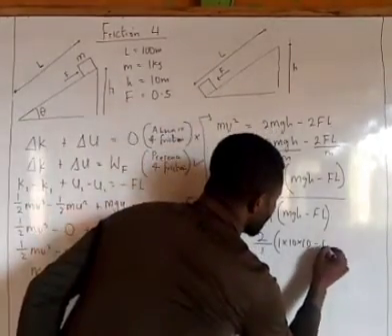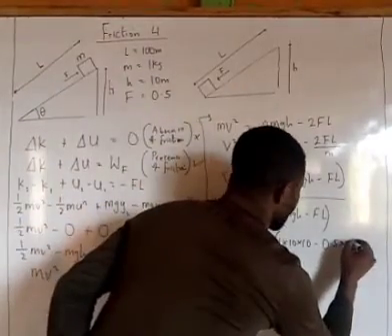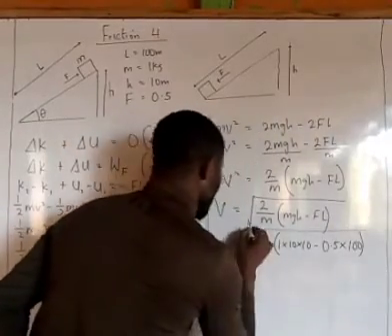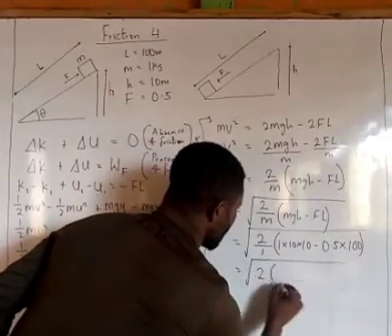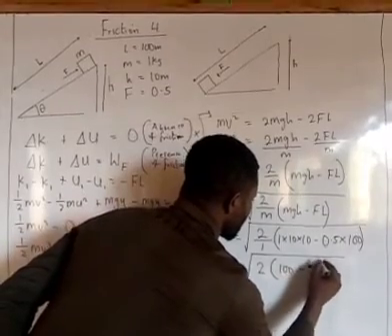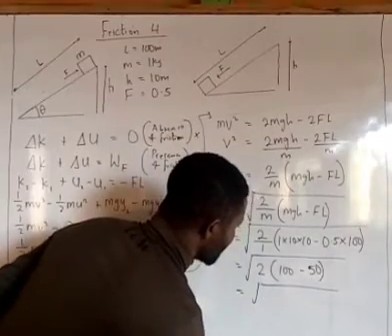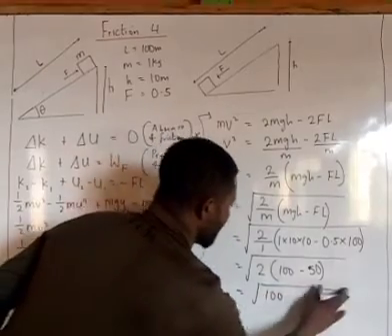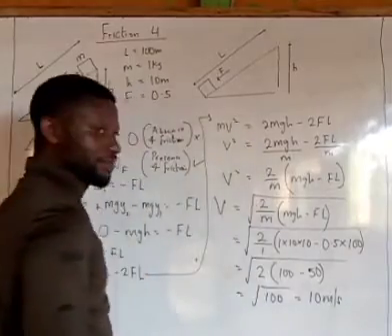So I have 0.5 times L, which is 100, all in square root. What do I have? Square root 2, open bracket, 100 minus 50. So I have square root of 50 times 2, that is 100, and that will give me 10 meter per second.